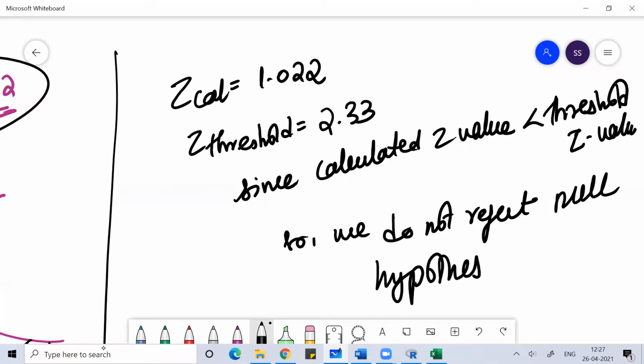If we are not rejecting the null hypothesis, what does this mean?